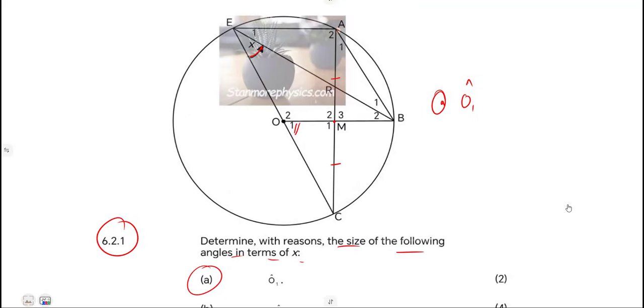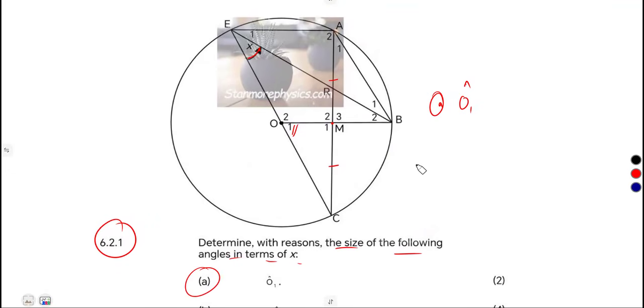All right, so angle O1, we can simply have this one, guys. We do understand it is the angle at the center. So from the chord BC or the arc BC, it creates angle O1 and also creates angle E. So angle O1 is the angle at the center. We talked about this before.